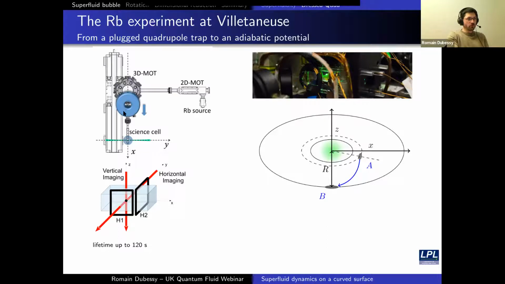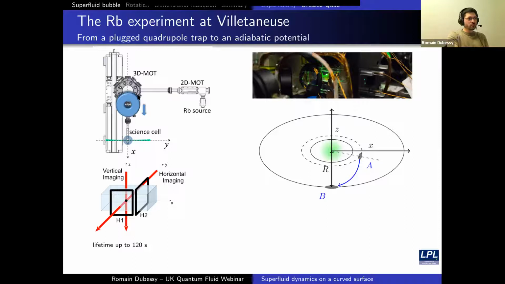So we move the quadrupole trap to a tiny glass cell that you can just see here in the experiment, and we transfer the atoms into another magnetic trap, still a quadrupole trap, and we do the experiments here far away from the 3D MOT.